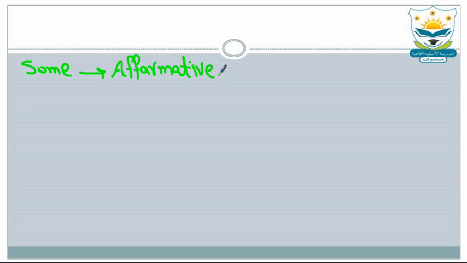What's the meaning of affirmative sentences? Affirmative means positive. We use some in affirmative sentences, meaning sentences that don't have an apostrophe t. So again we use some in affirmative sentences.